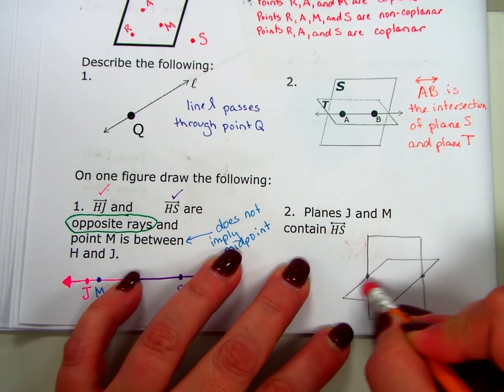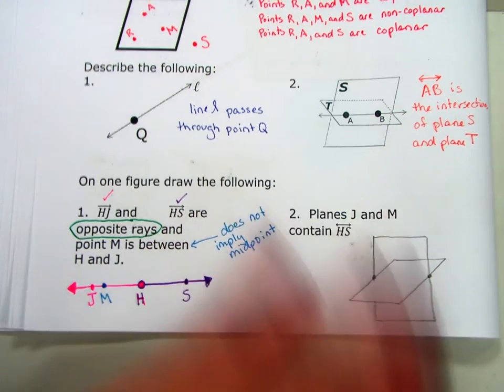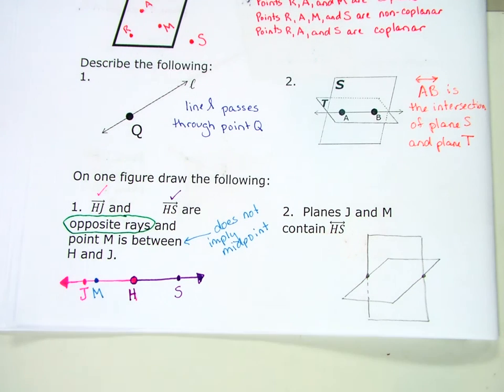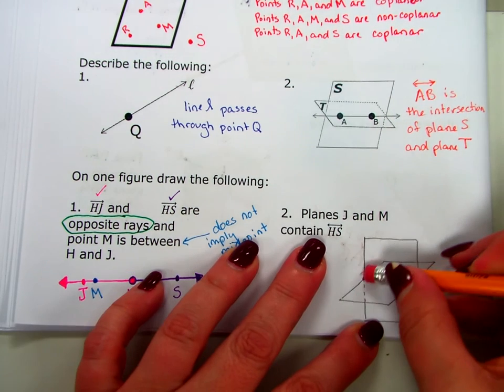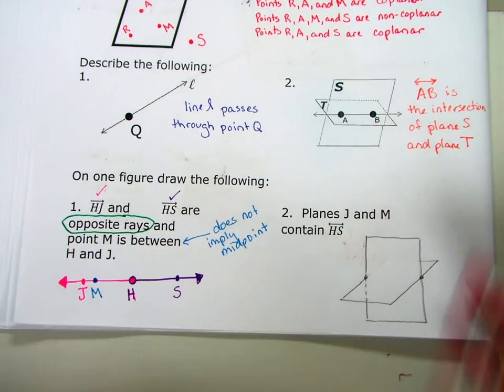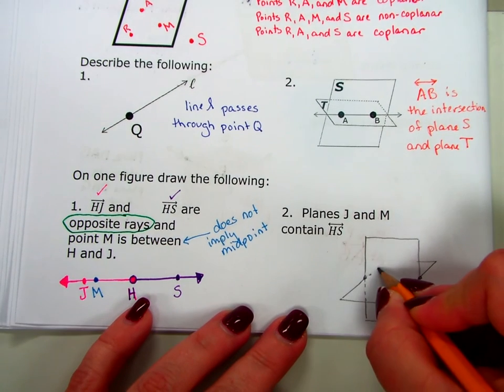So the part of the wall that I can't see anymore, if you're using a pencil, you can erase it and make it dashed. And then the floor, when it goes on the other side of that wall, I can't see it anymore. So I'm going to make it dashed.